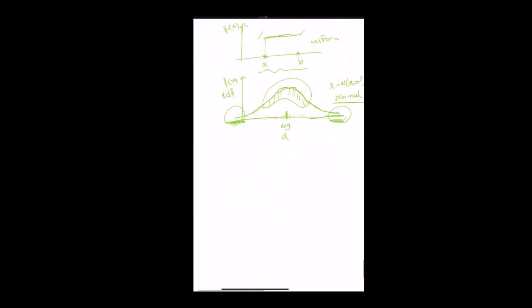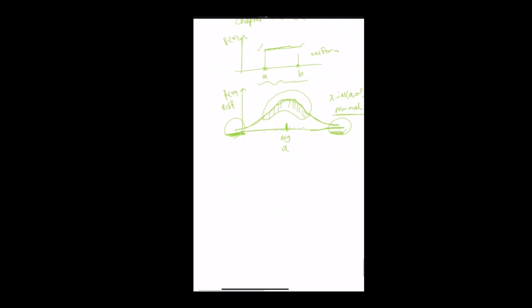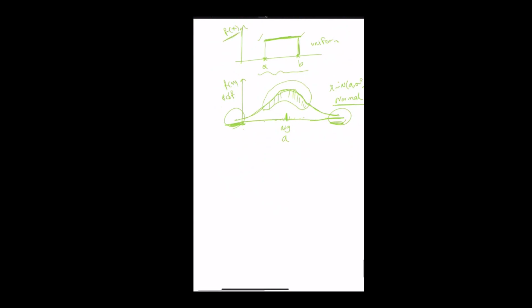For a discrete random variable, if it's uniform and discrete between A and B, then let's assume these are the values, and the probability mass function is like this. That's your probability mass function.